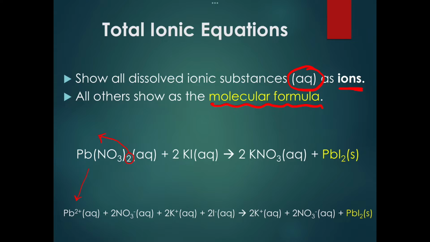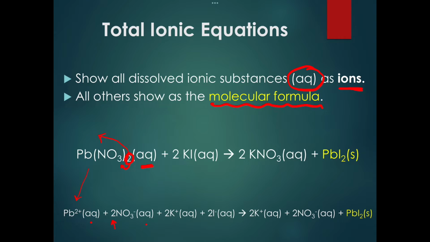And then there are 2 nitrates, because that subscript here is telling us there are 2 nitrates. We were only uncircling and switching to figure out the charge of that lead. So that 2 here is telling us that lead was a 2+, but we need it to be a coefficient here to say, okay, there are 2 nitrates when this splits apart. Both of these will be aqueous because the compound was aqueous.